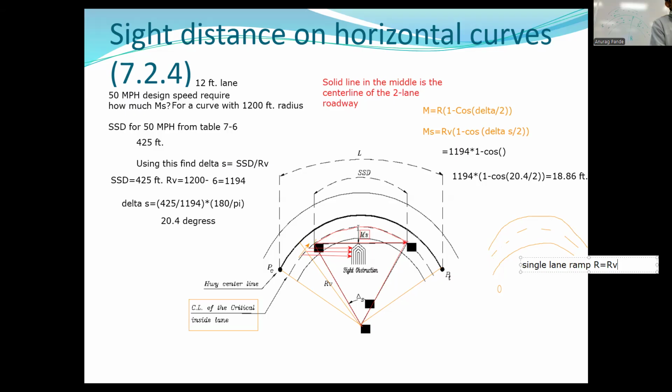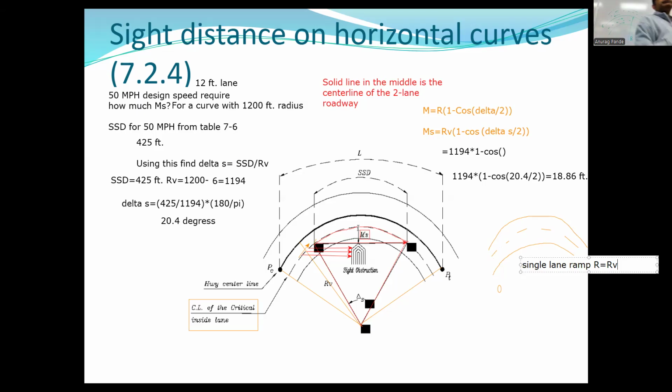Now, in some problems, the clearance might be given from the edge of the right of way or the edge of the pavement. So be mindful of where they are measuring the given value from, and then adjust it to make sure that the MS formula you apply is according to the critical inside lane.